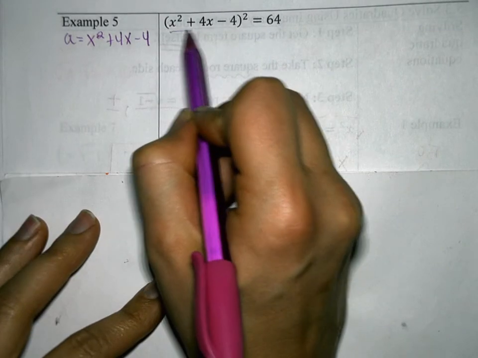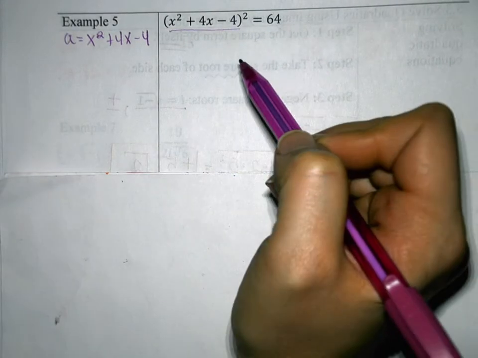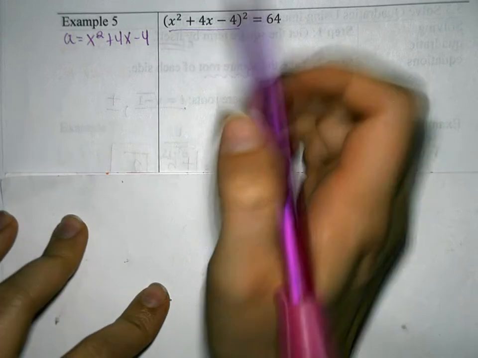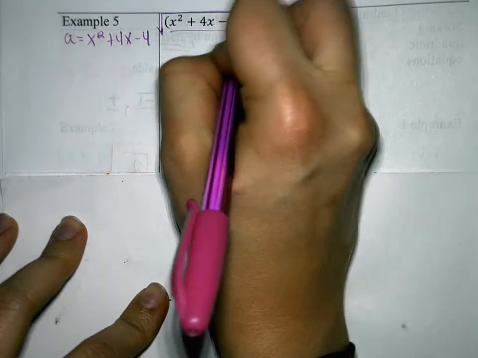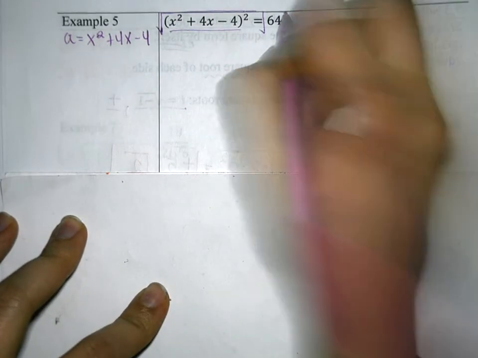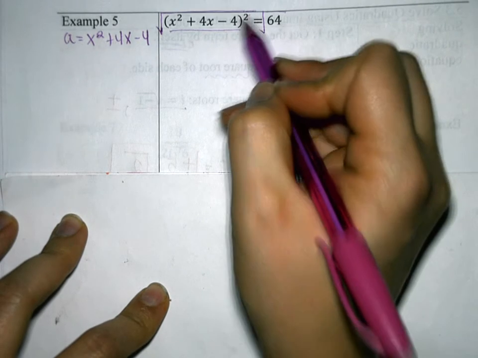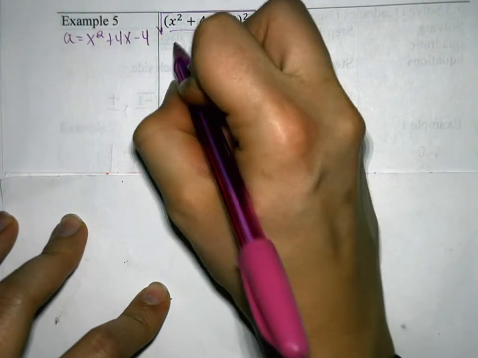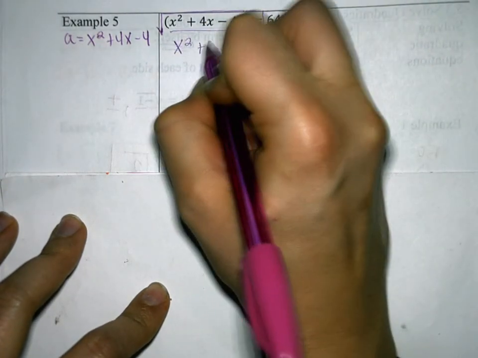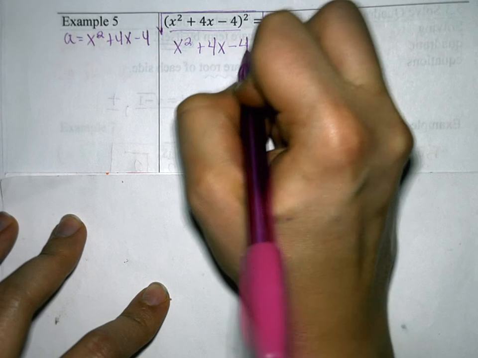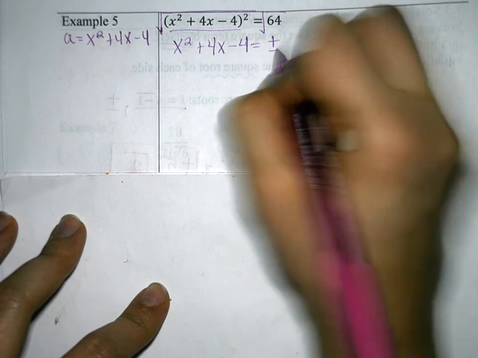So this entire thing is my squared term, and it's already by itself. So I can take the square root of the whole thing, and it will just cancel out with that one square. So inside is what's left over, equals plus or minus 8.